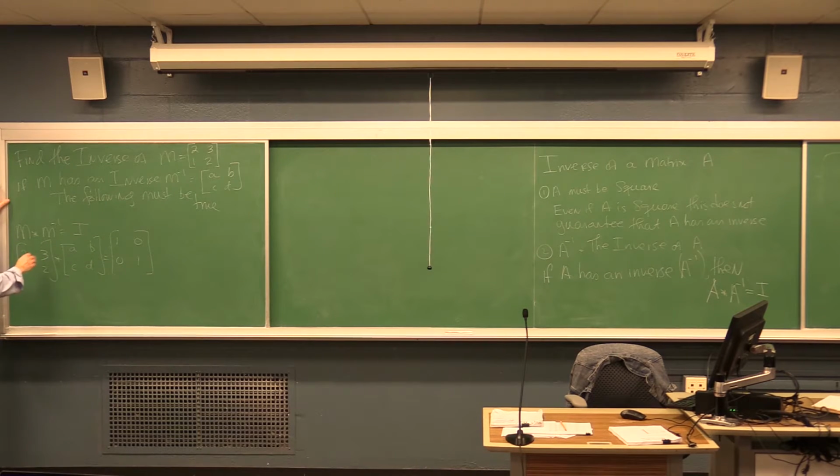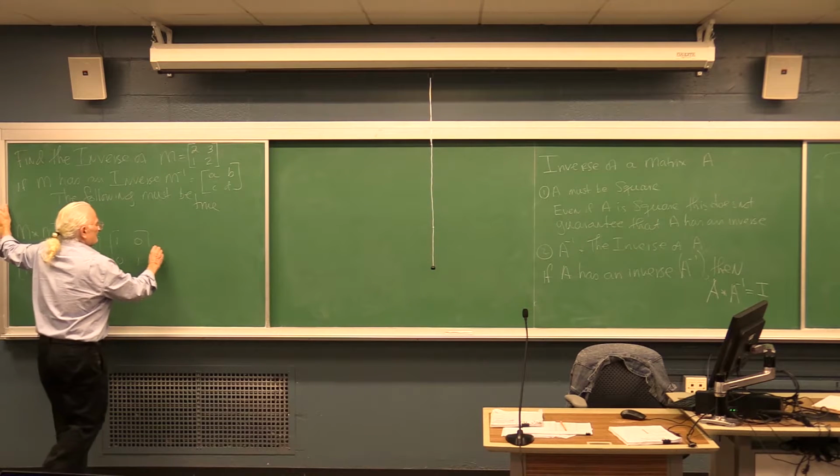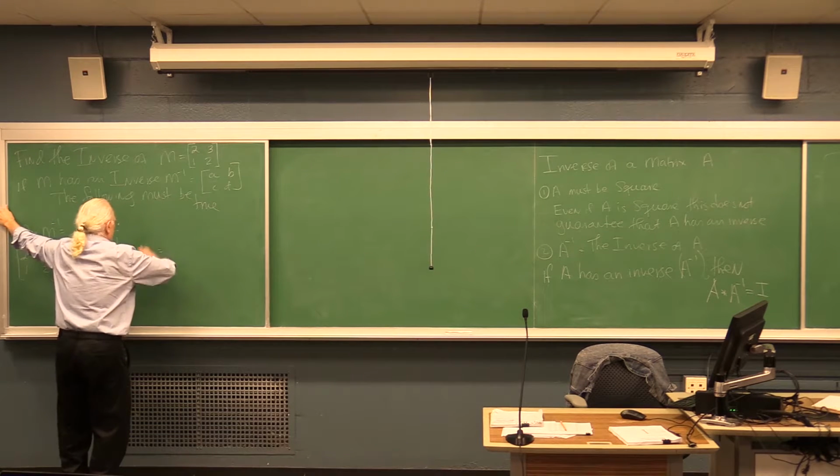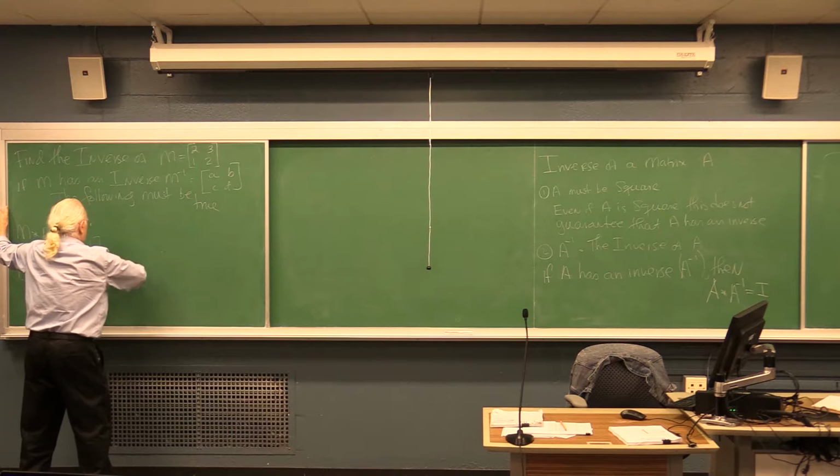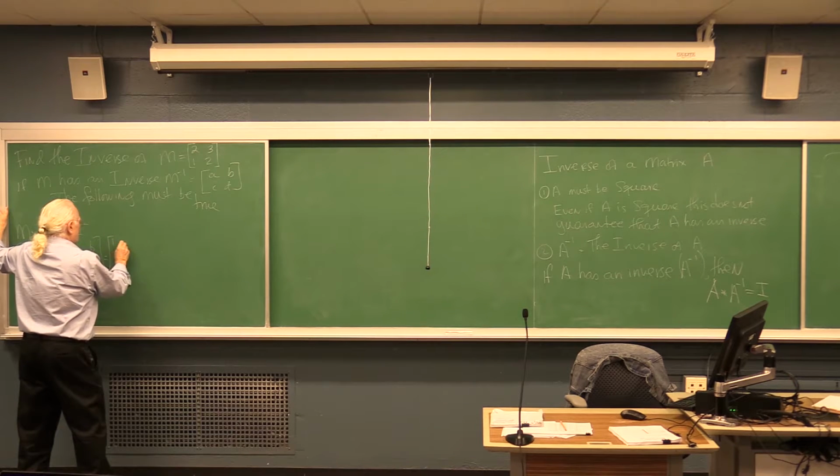Okay, so do the calculations. 2, 3 times A, C gives us 2A plus 3C. Let me write it here, let me save space. 1, 0, 0, 1.